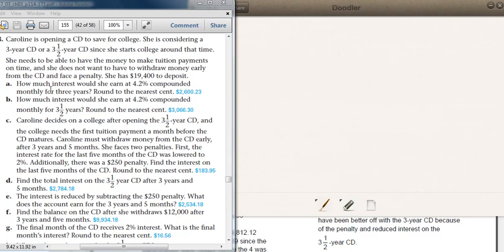We already found the interest earned for the first 3 years, which we talked about in the previous video, which was 2,623.